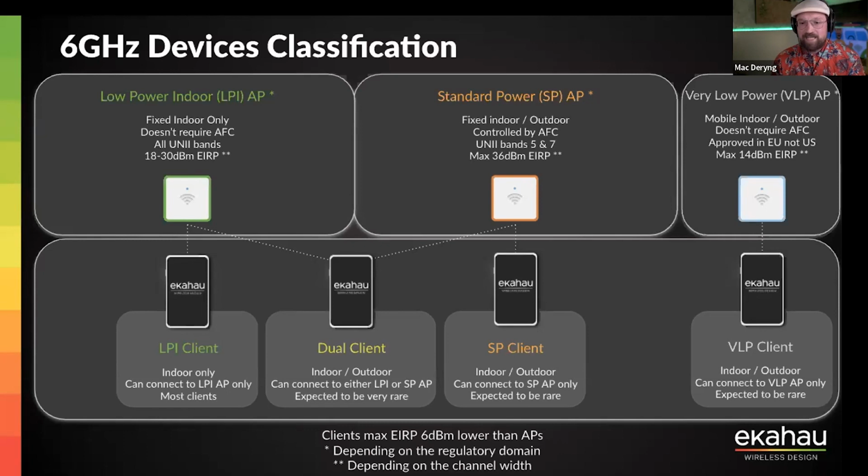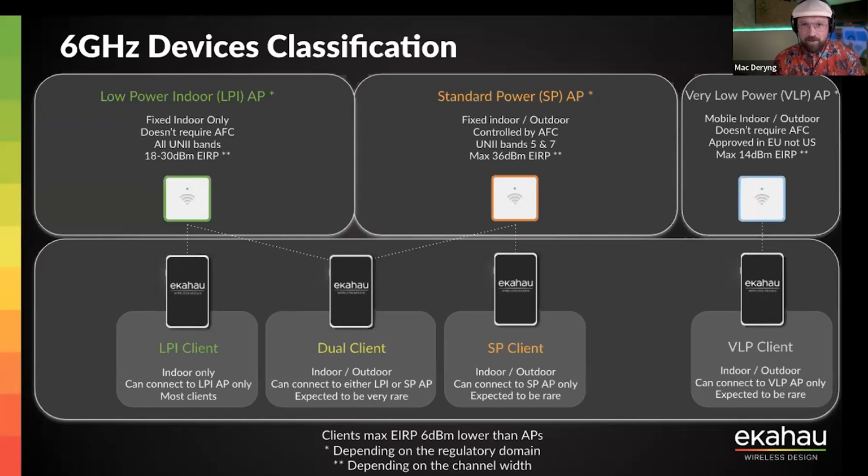However, it says that it's controlled by AFC. AFC, we won't dive too deep today into what it is. It's automated frequency coordination. Basically, it's a database in the cloud that knows about the location of existing 6 GHz technologies. And when your access point comes online, it has to locate itself, most likely using a satellite positioning system, probably GPS.